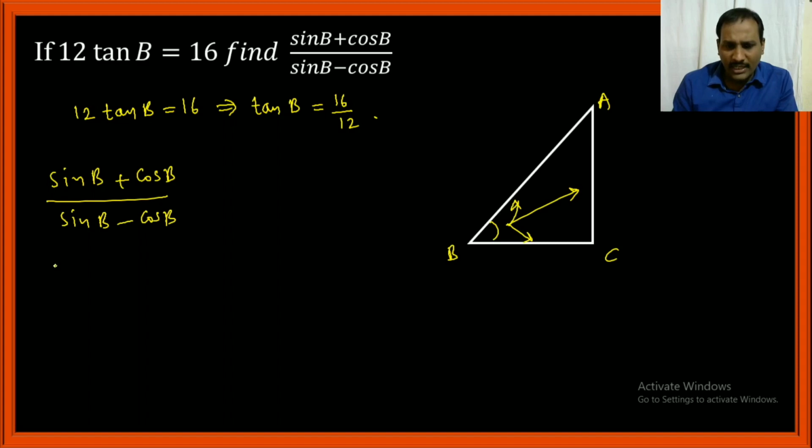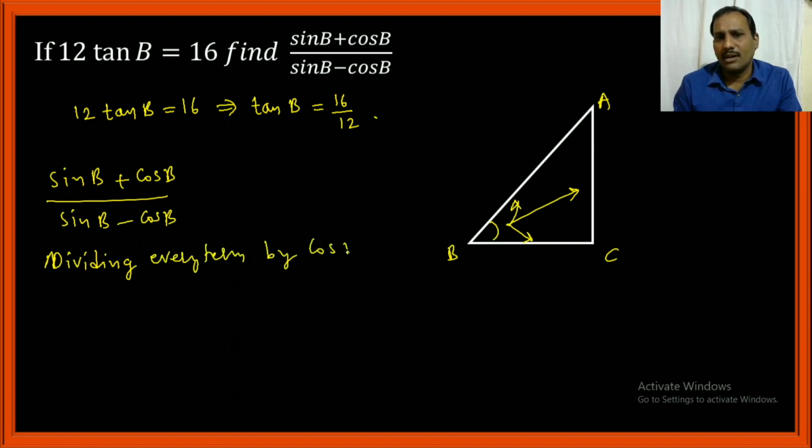So what I am doing now, I am dividing numerator and denominator, that is every term, by cos b. Why am I doing like this? Let us see.